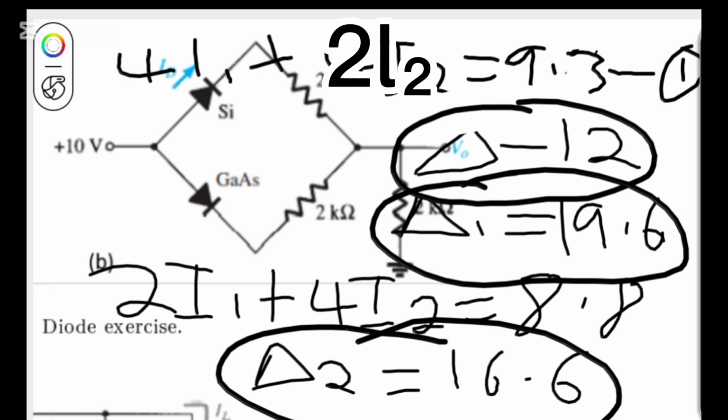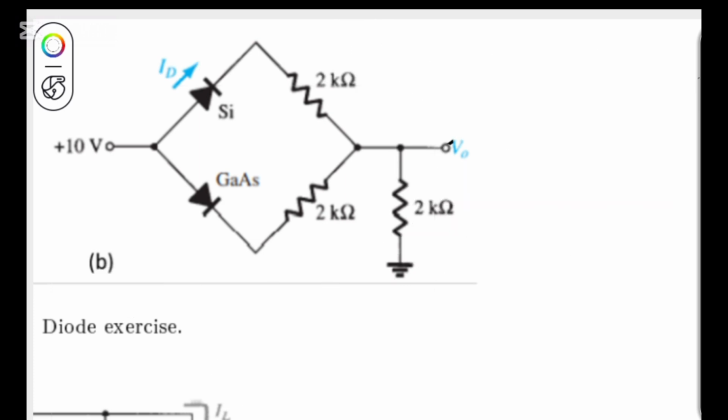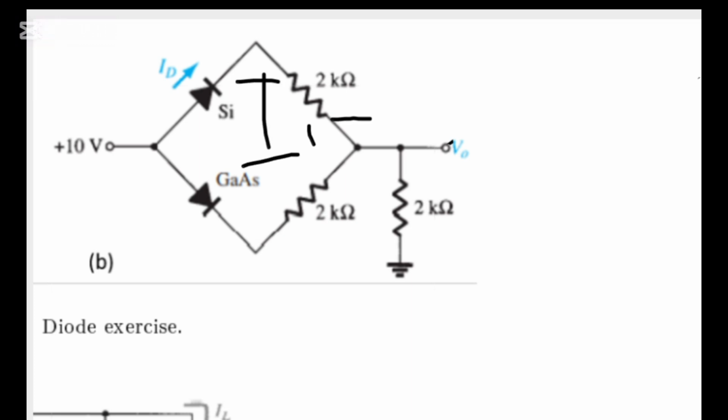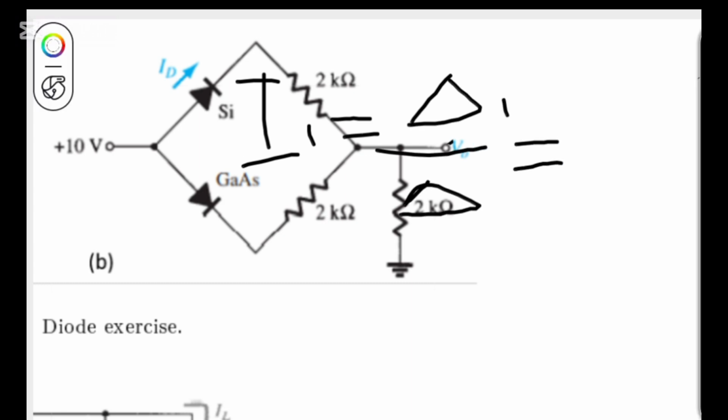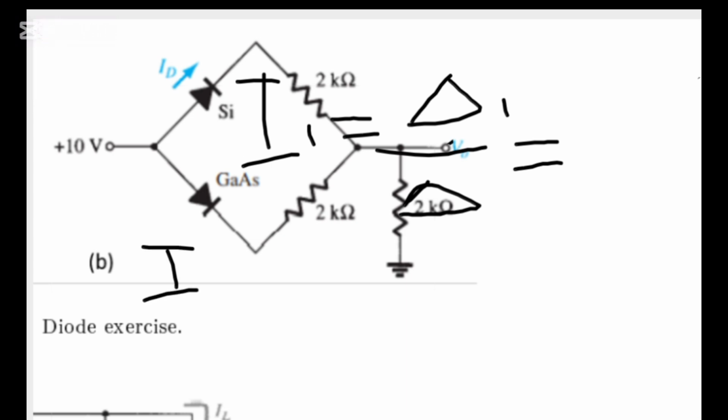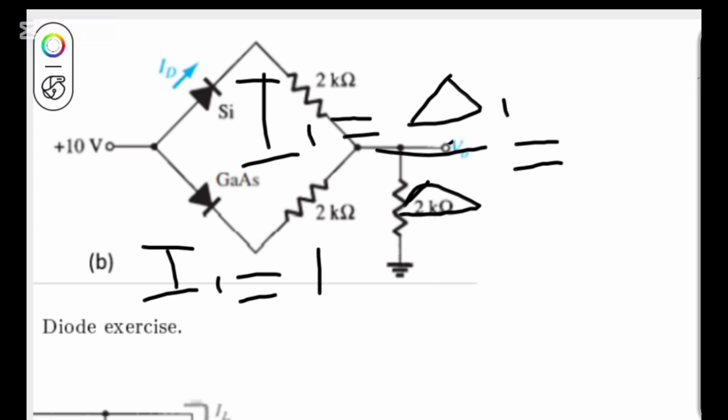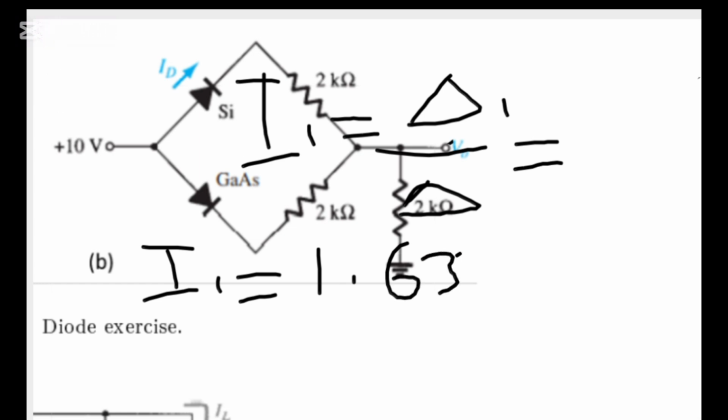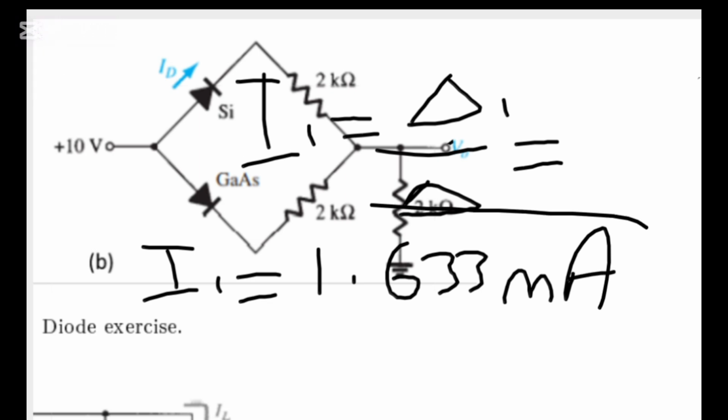So now we are going to find the current. So to find the value of I1 is the same thing as delta 1 over the normal delta. So if you divide, you're going to get I1 should now be equals to 1.633. Because of that kilo, so this should now be milliamps.